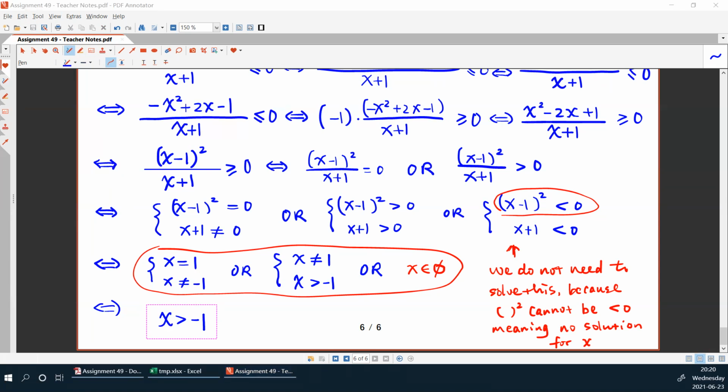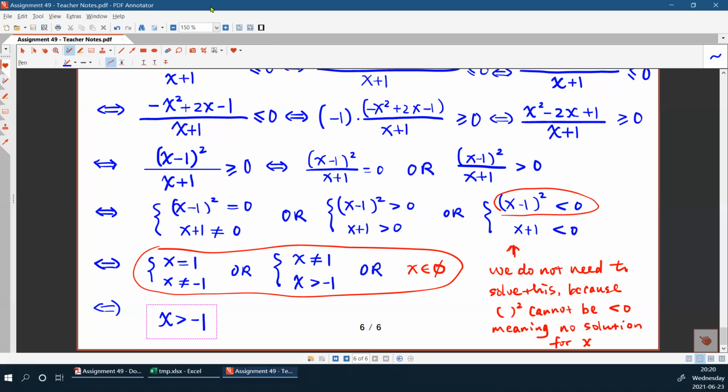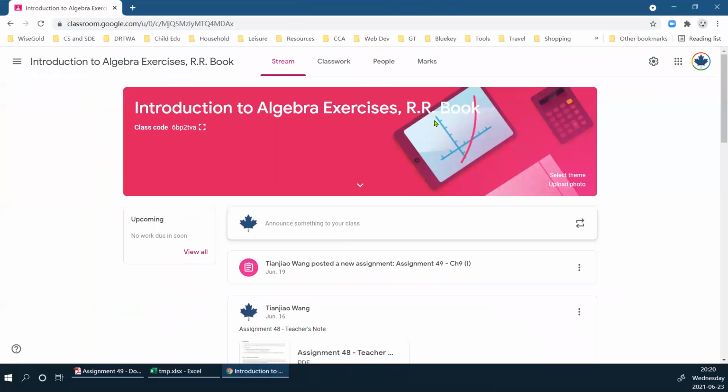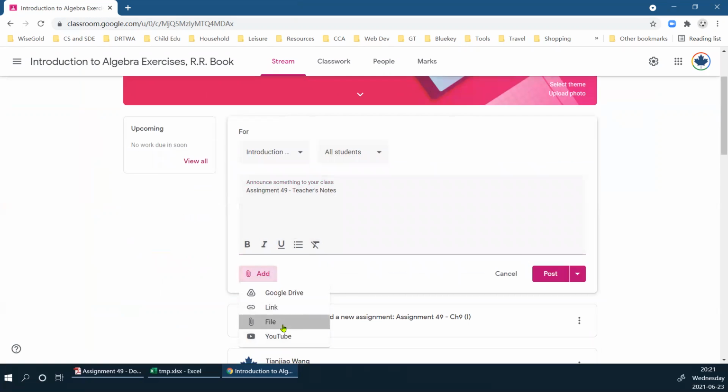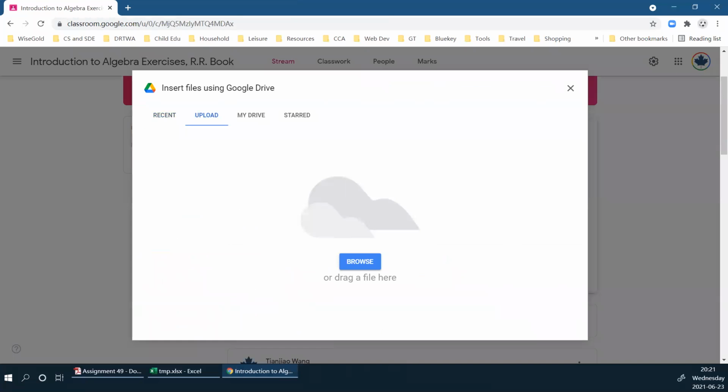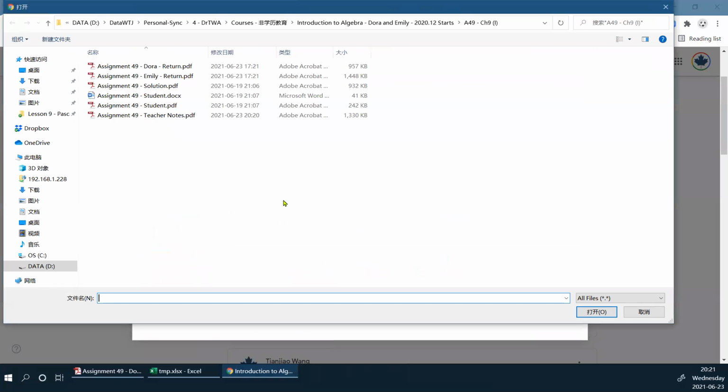And I'll upload my notes onto Google Classroom, okay? Today's assignment 49. If you have made mistakes, I hope you can try to correct them by yourself, okay? This is very important.